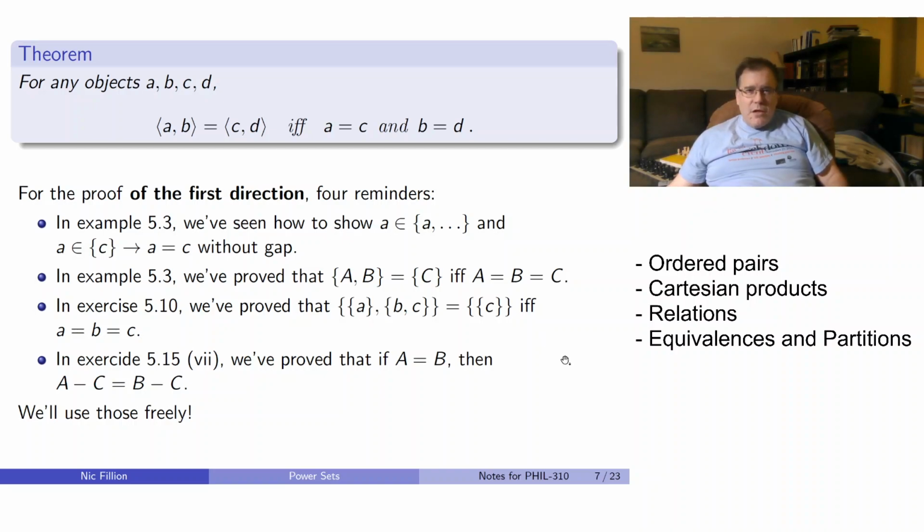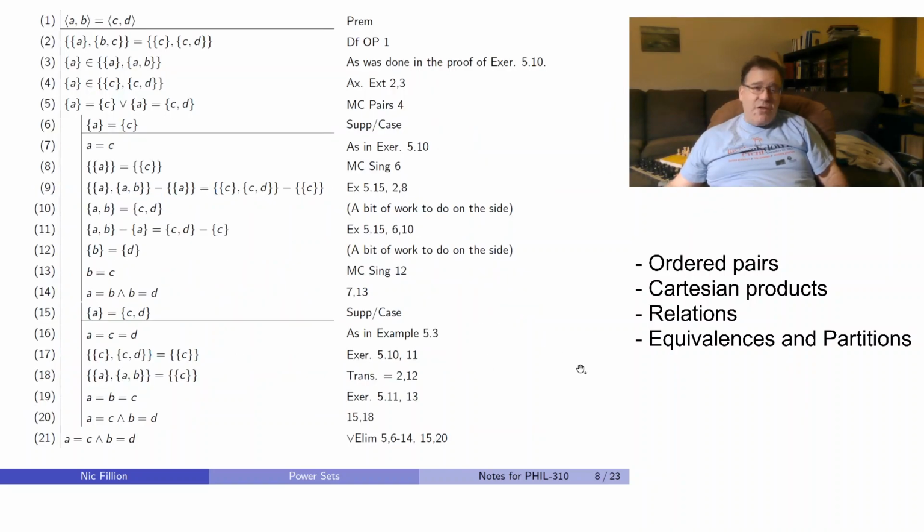Okay, so let's look at this. That's a huge proof, as you see. It might be a little bit hard for you to see, but there's a little bit of a space between line 14 and 15. We're supposed to have two subproofs where the cut is in the middle here.